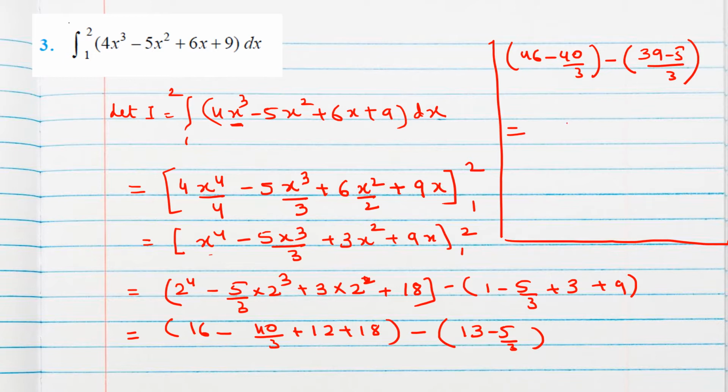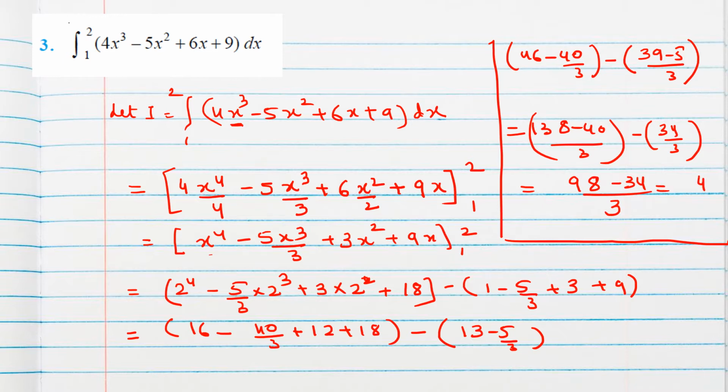So this will give 138 minus 40 by 3, and this is 34 by 3. So this will be 98 minus 34 by 3. So the final answer will be 64 by 3.